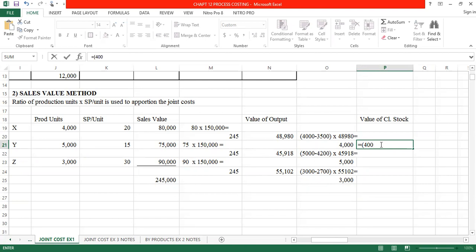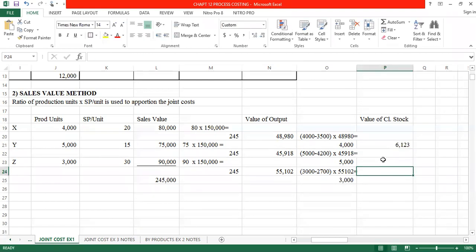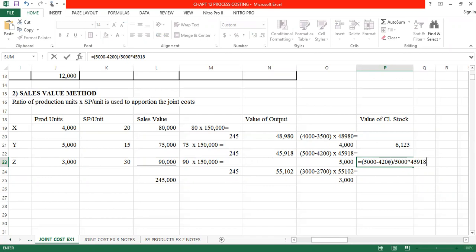It is 4,000 minus 3,500, close the bracket, divide by 4,000, everything times 48,980. You get your answer there. This one will equal 5,000 minus 4,200 divided by 5,000 times 45,918.